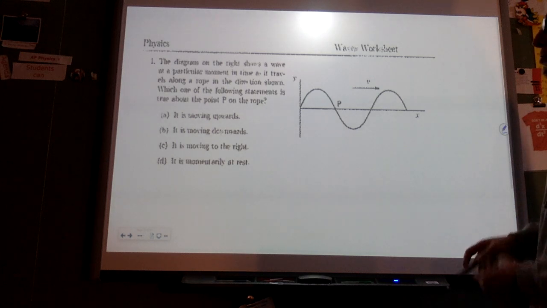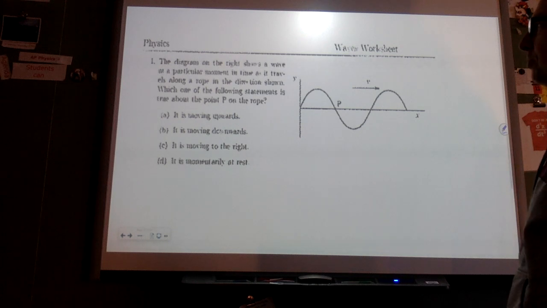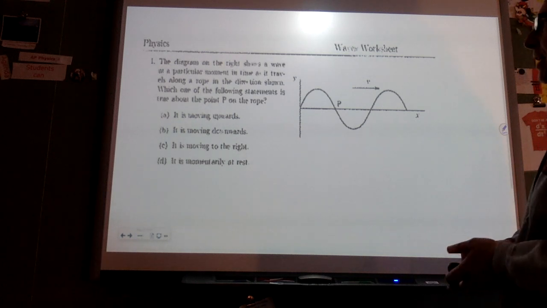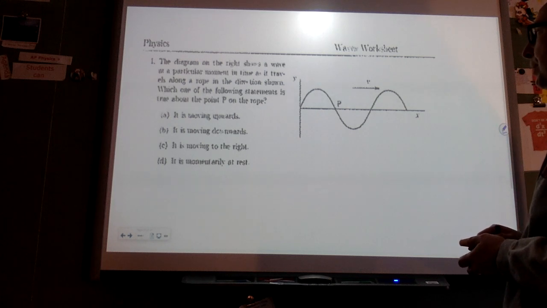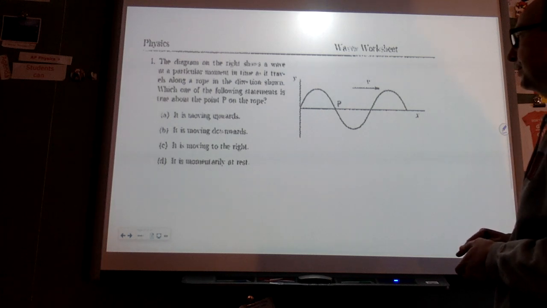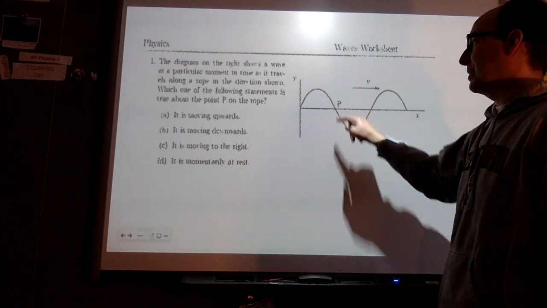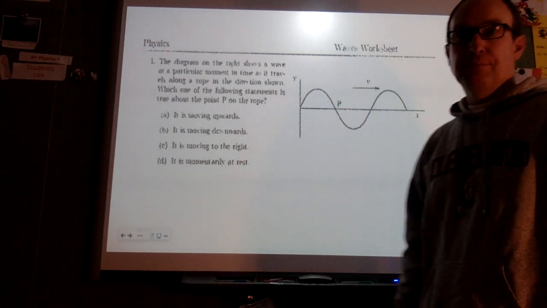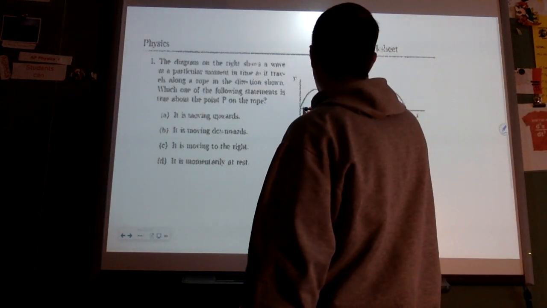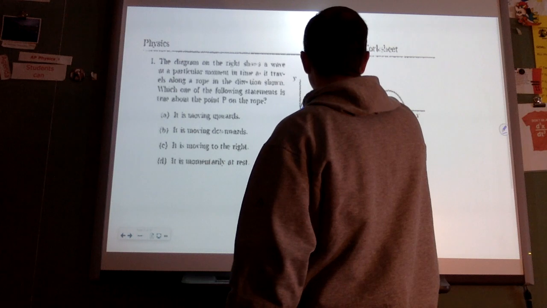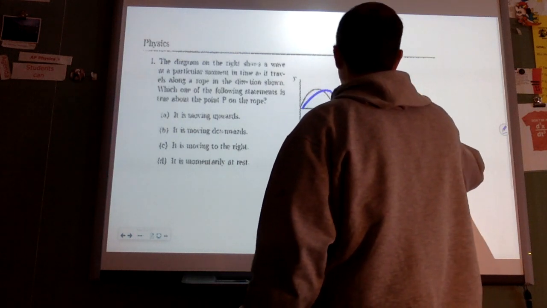The diagram on the right shows a wave in a particular moment in time as it travels along a rope in the direction shown. Which of the following statements is true about point P on the rope? Since the velocity is going this way, that means that at a time a little bit later, this wave is going to be shifted that way.